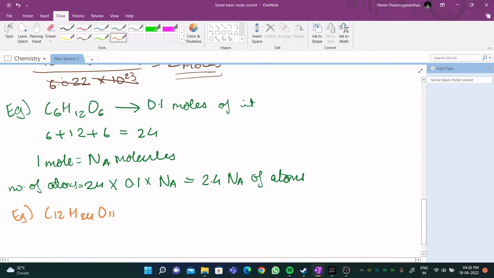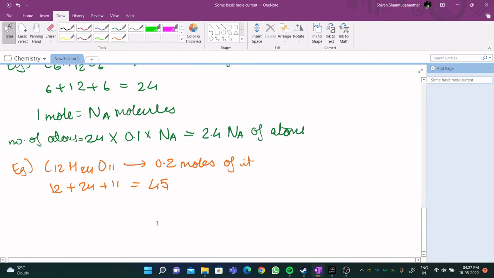Let's find the number of atoms in 0.2 moles of it. So we'll do the same thing we did again. One molecule of this compound will give us 12, 24, 11 atoms. This will be 45.